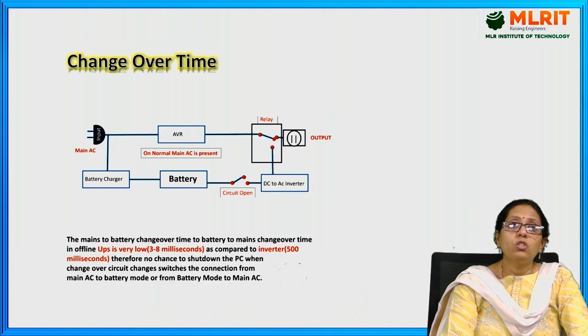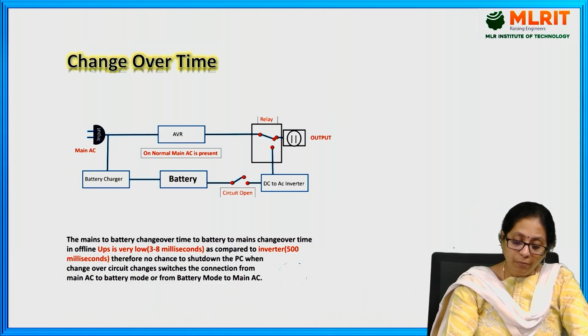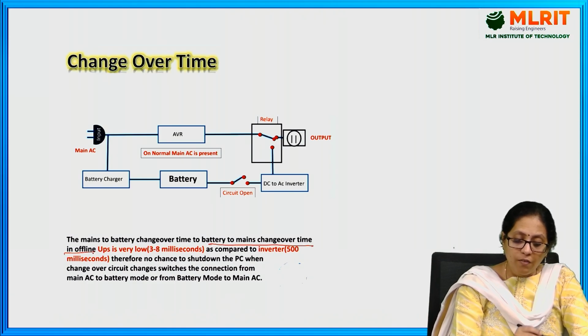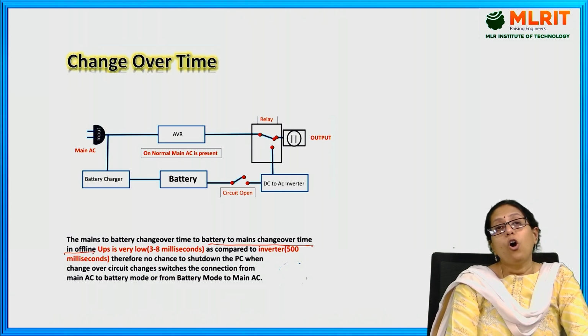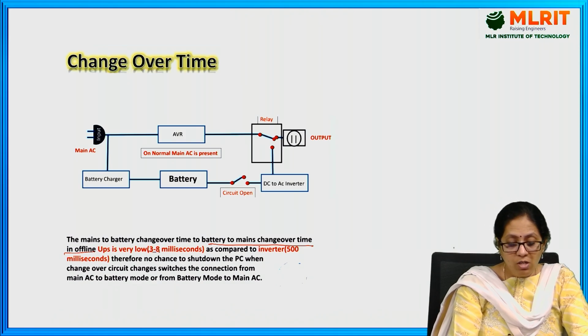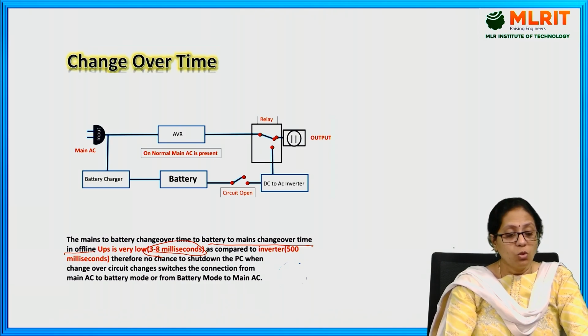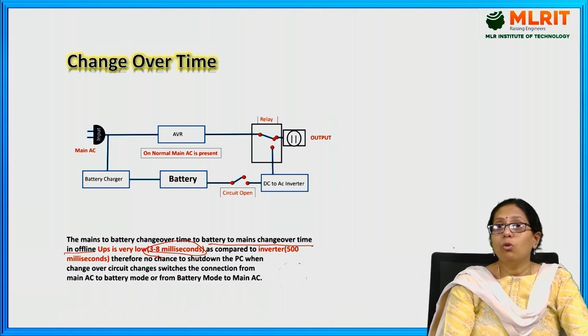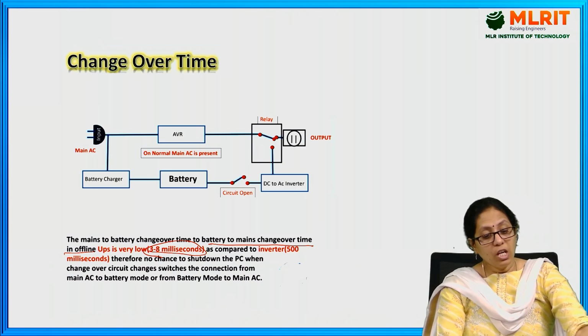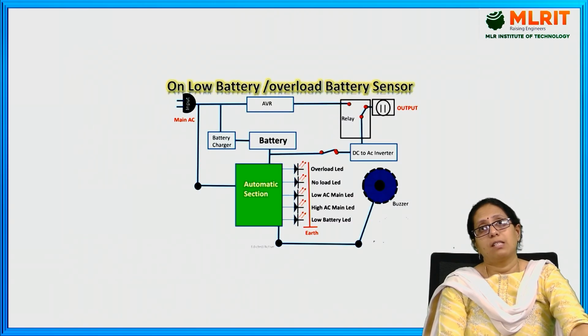It is the time to change from mains to battery, or from battery to mains. That means from online to offline, in order to change, it takes around 3 to 8 milliseconds. So if the changeover time is more, then damage may occur. So the changeover time should be less.